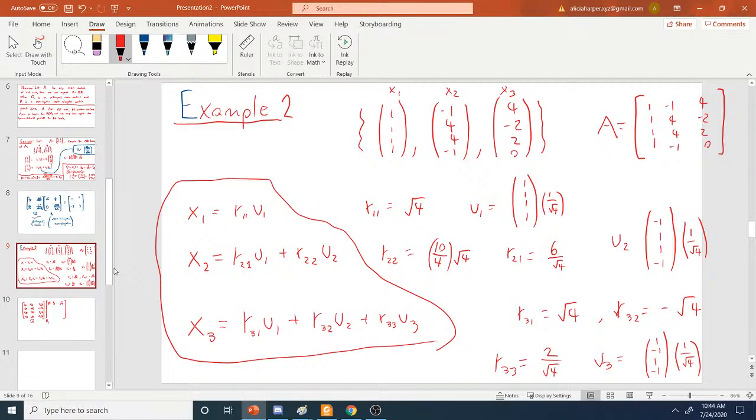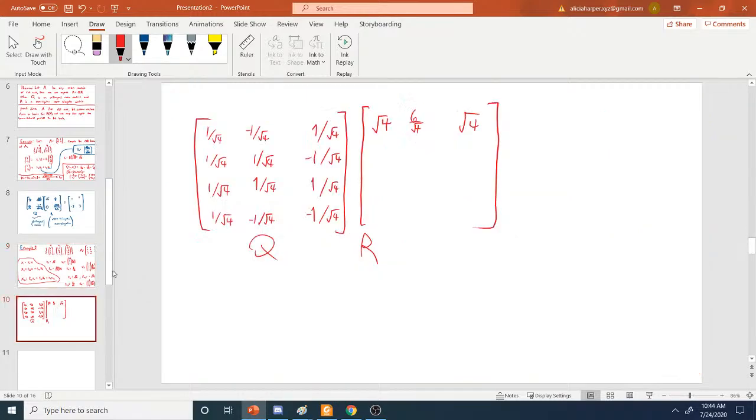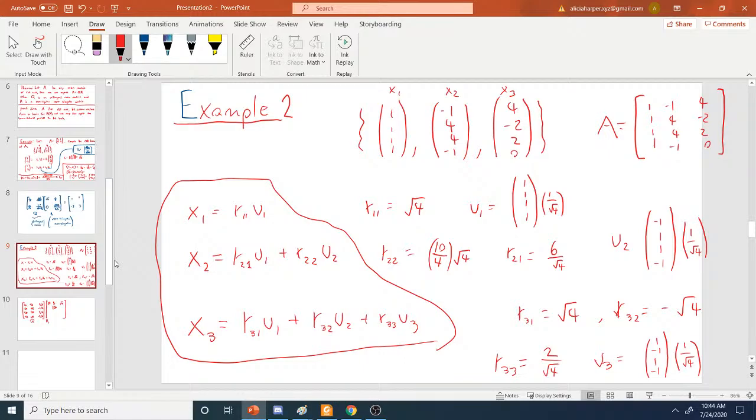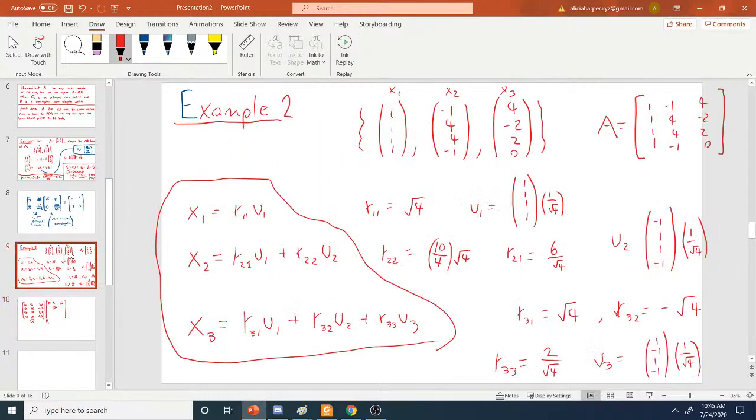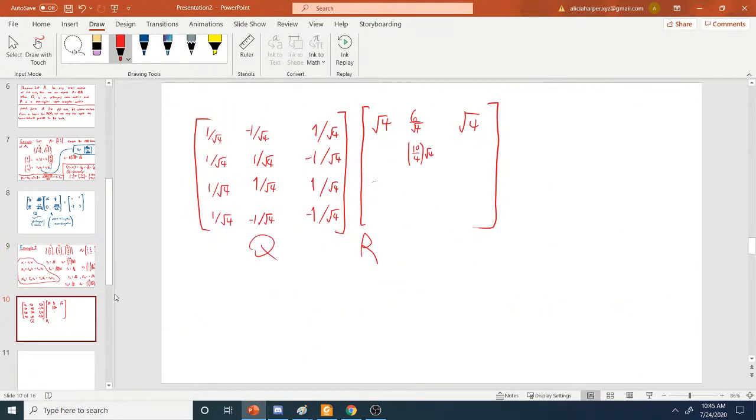We know R22 is 10 over 4 times the square root of 4. And actually R32 is negative the square root of 4.